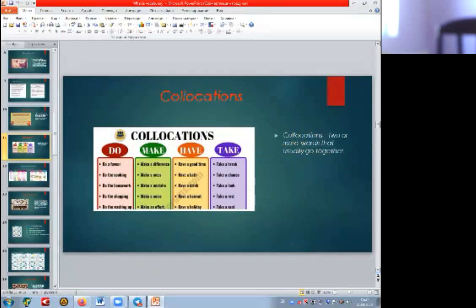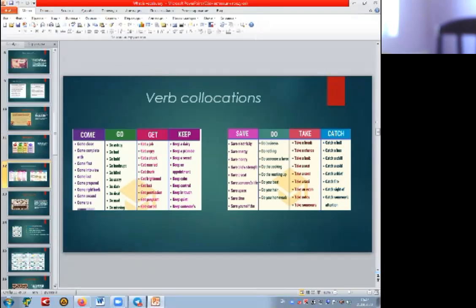You know nearly all of these collocations, to my mind, dear students. So let's continue. Word collocations.